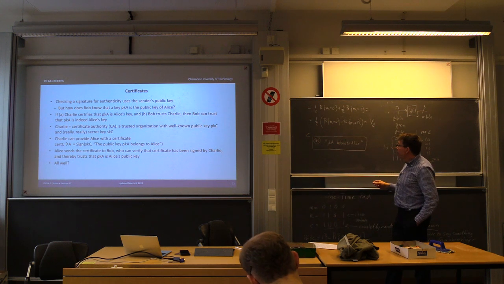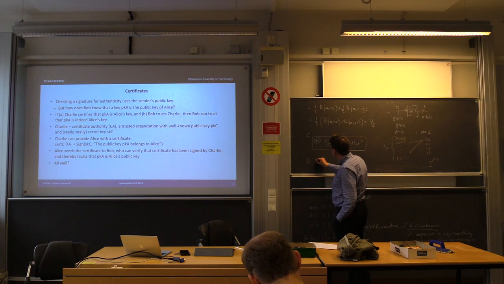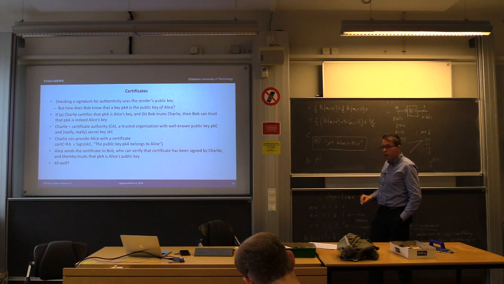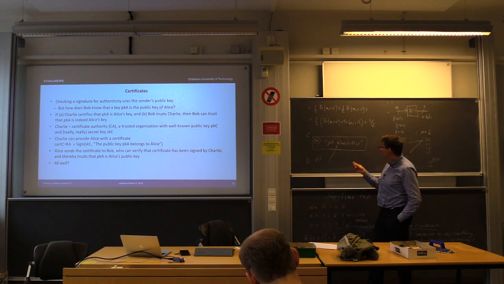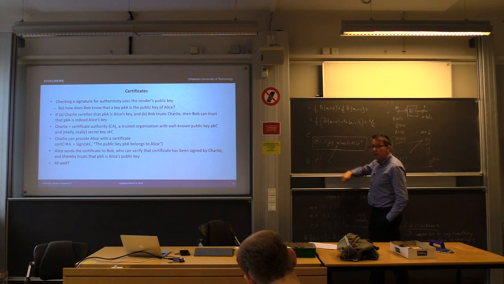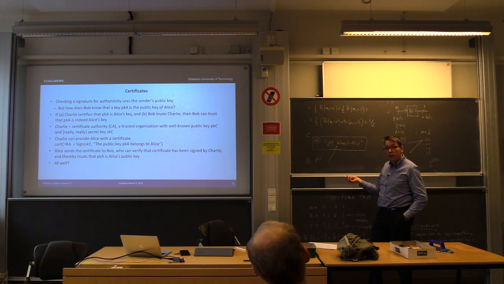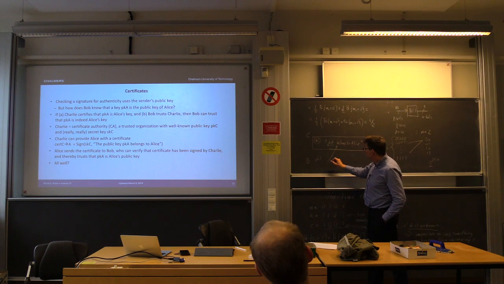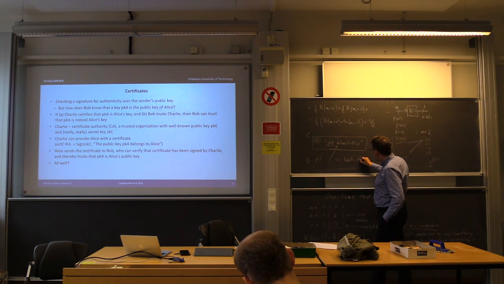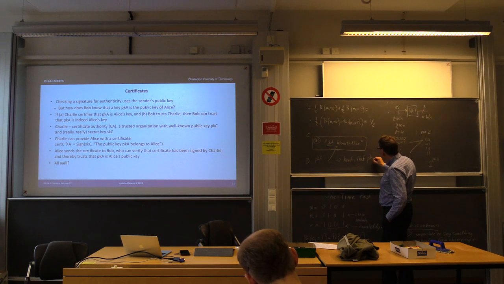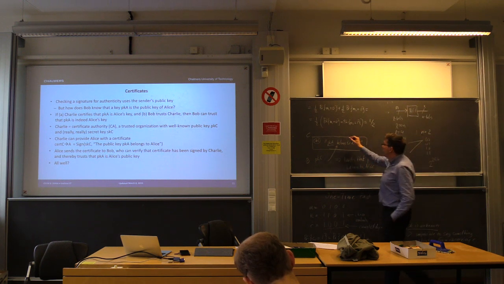Then Bob, who knows Charlie's public key, can check that these bits have not been tampered with, and then deduce that this statement is actually a statement that Charlie has made, and since I trust Charlie, Bob now trusts that PKA belongs to Alice. Okay, so this is the certificate.